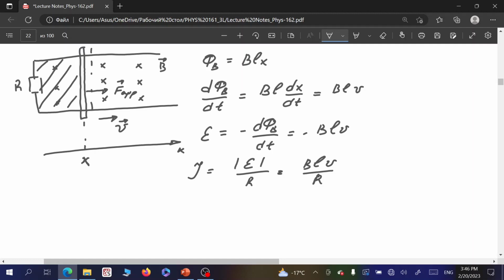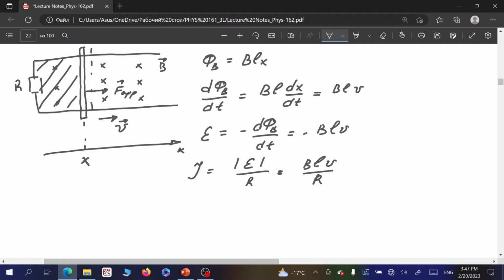So now let us summarize the discussion for today. We considered Faraday's and Lenz's law, which are connected to each other and are always considered together. And specifically, we discussed this effect of induced electromotive force and induced electric current.